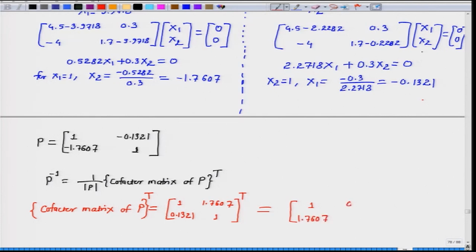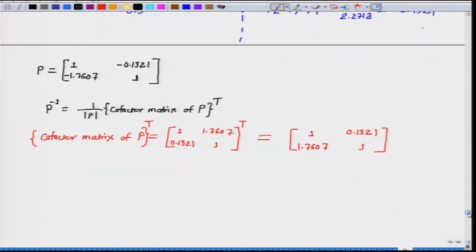1.7607, 0.1321 and 1, and we need determinant of P, it should be equal to 1 times 1 minus the product of the other two, minus minus becomes plus.